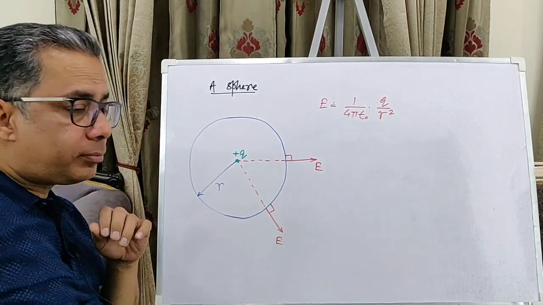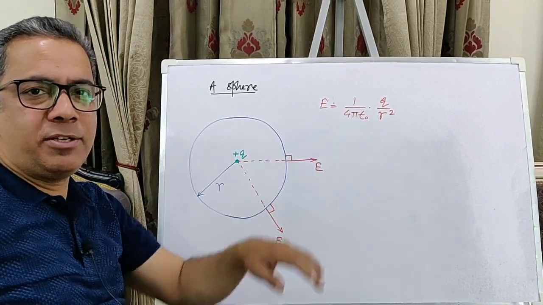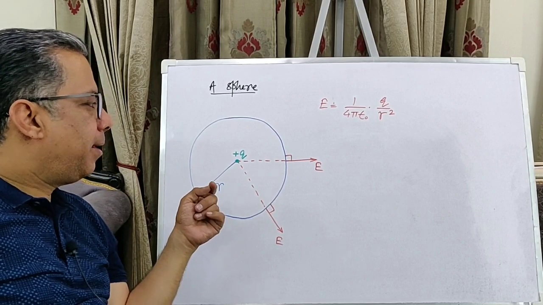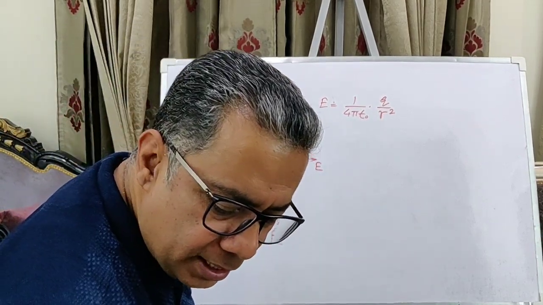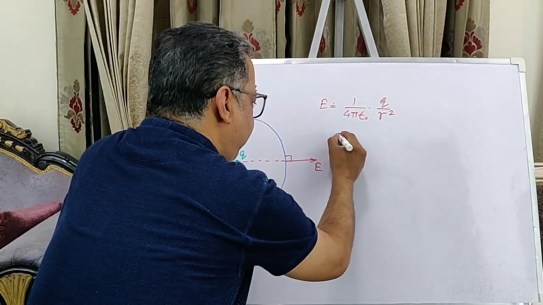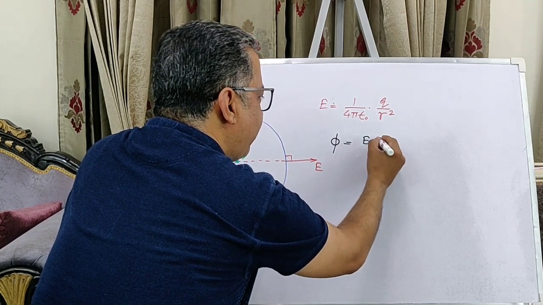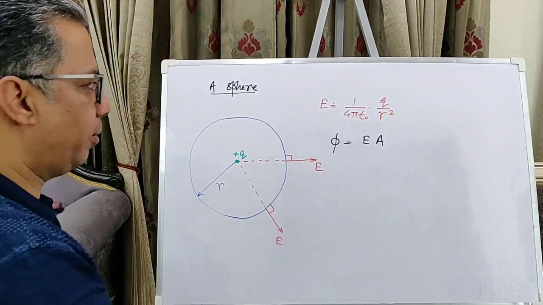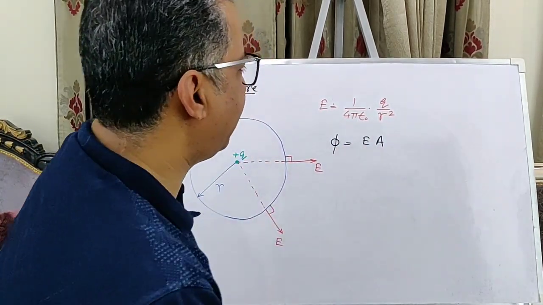Since the electric field has the same magnitude at all locations of the surface and is normal to the surface at all locations, flux calculation is very simple. You simply multiply the magnitude of the electric field with the surface area. So flux equals magnitude of field times the surface area.